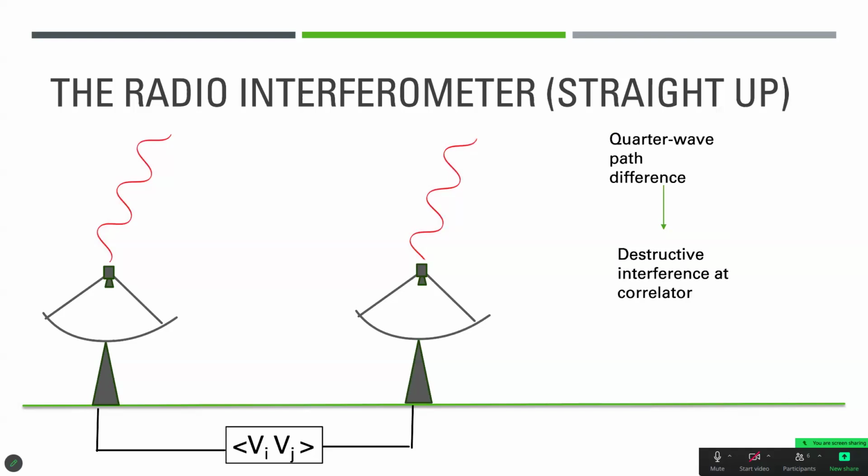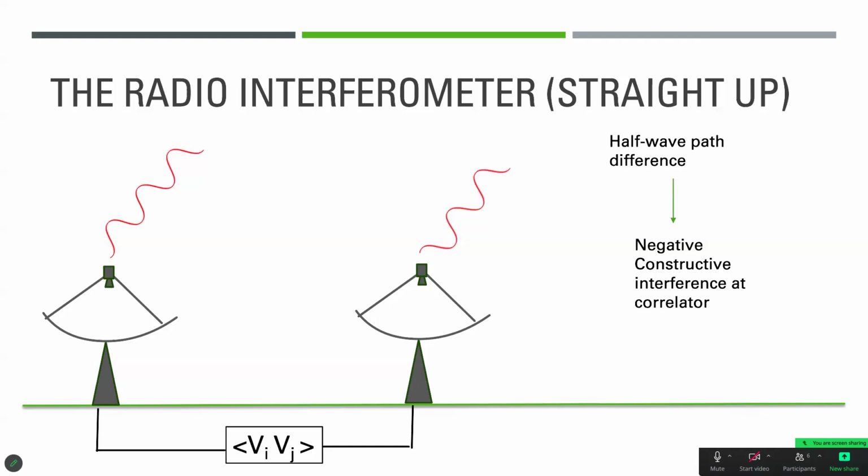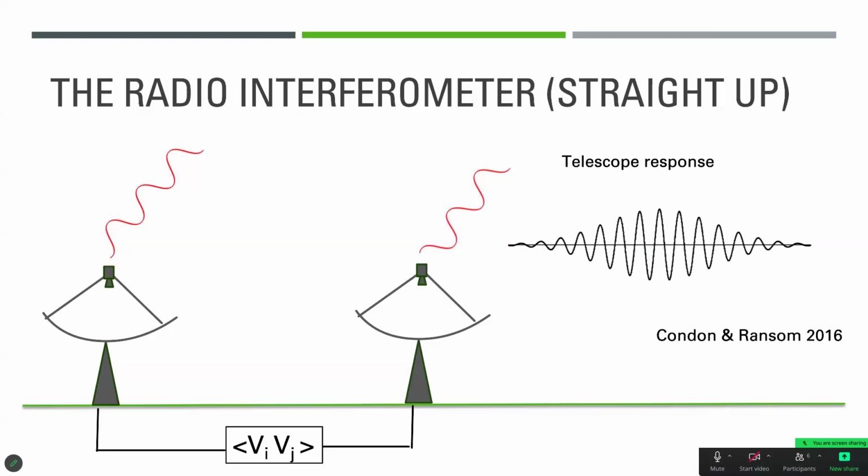Now, if they're out of phase by a quarter wave or half a wavelength, then we get destructive interference, because this one will read 0 and this will read the maximum or minimum, and so on and so forth. Then as you phase out further, we multiply them together and get constructive interference again. So what does the response look like? We can make the same plot as before, angle and power, and you get this wavy pattern, which we also call interference fringes.